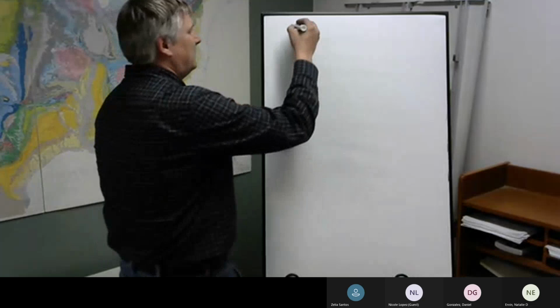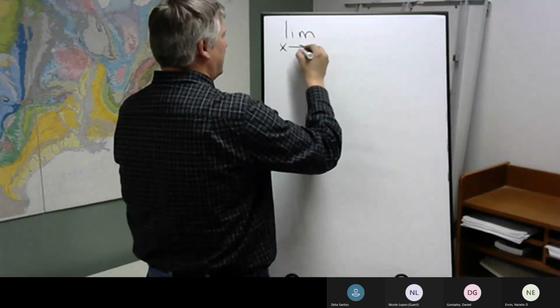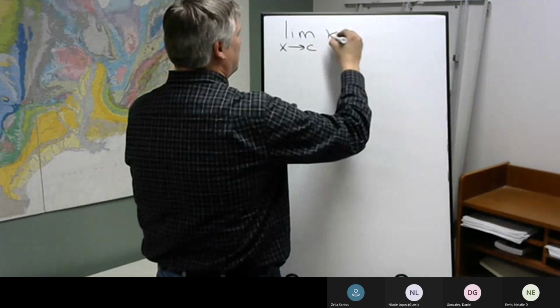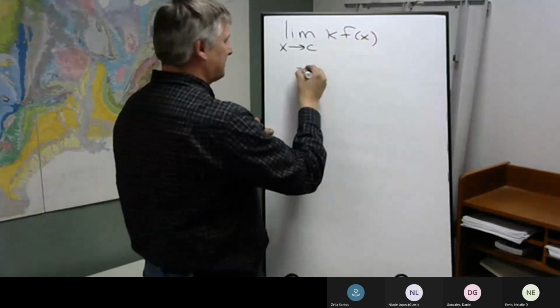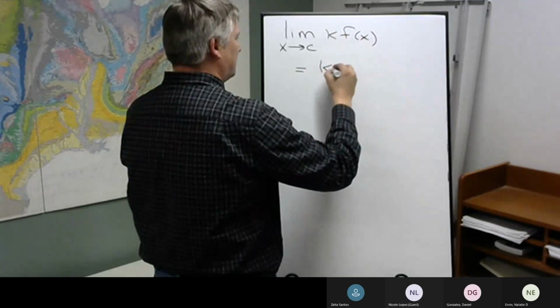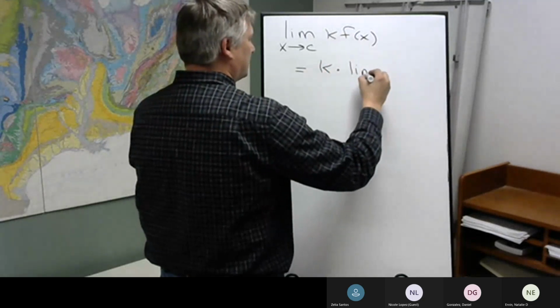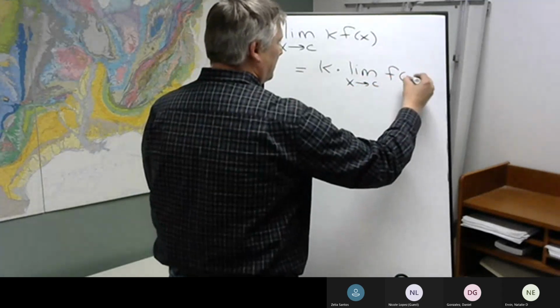Let's see if this came up. Yes, we did cover this. I'm going to bring this one back. This is a key one. The limit as x approaches c of a constant k times f of x is going to be k times the limit as x goes to c of f of x.